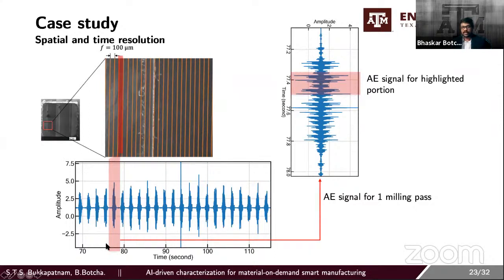And with respect to time, I also have the time series and I exactly know where the tool is on this particular path. So I have the spatial and time resolution with this synchronous data collection which is happening. That is important because when I look at my hardness measurement values, I again need to correlate this back to the hardness measurement values.